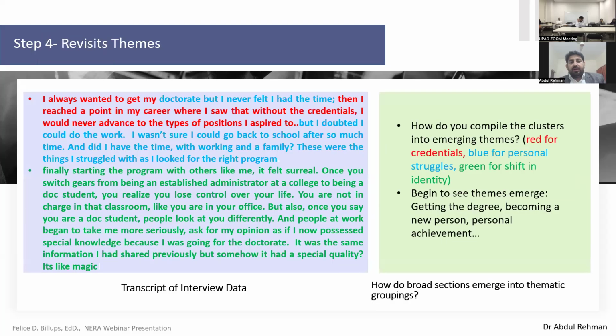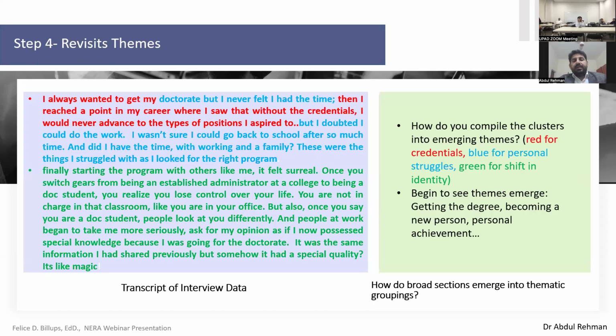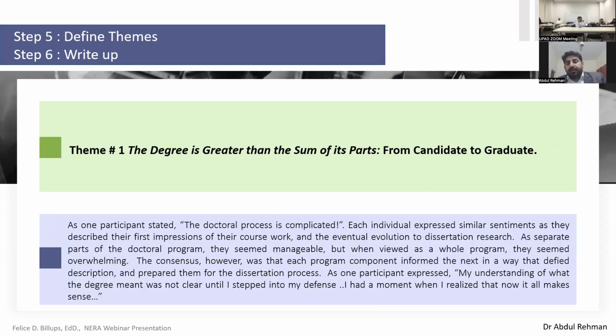So this raw data, from different processes, this transcribed part is summed up in theme 1, the degree is greater than the sum of its parts, from candidate to graduate.